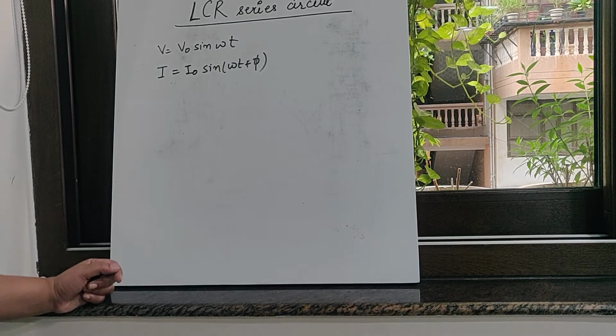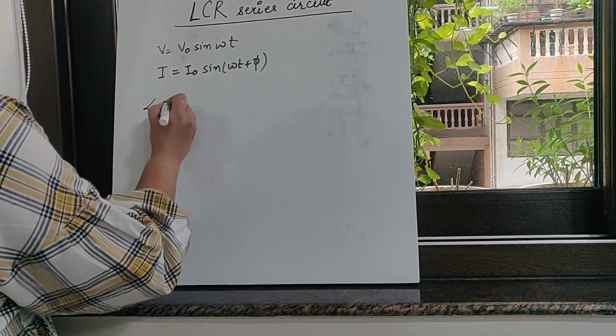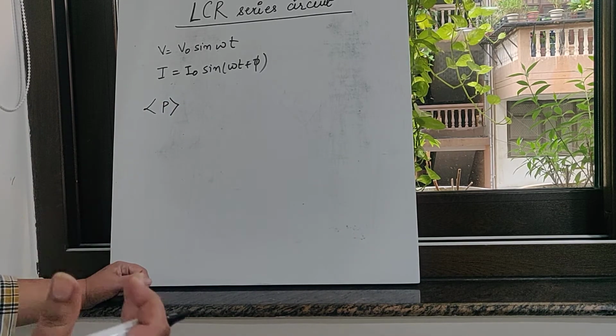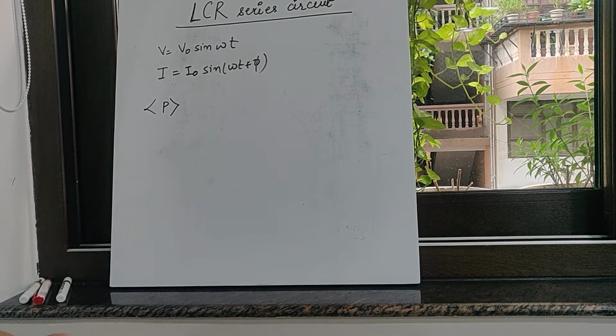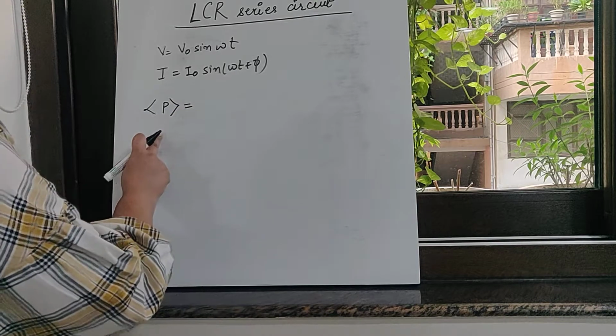Now what we can do is we want to find out what is the average power taken from the source or delivered by the source during this one cycle of the AC in an LCR series circuit. Now we know how to find out the average power delivered.